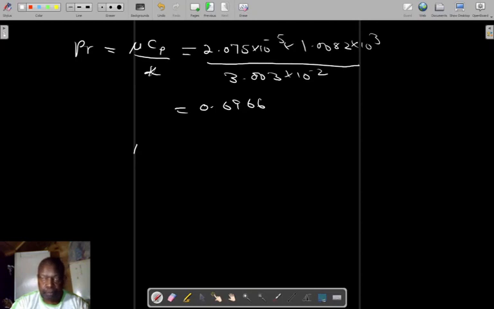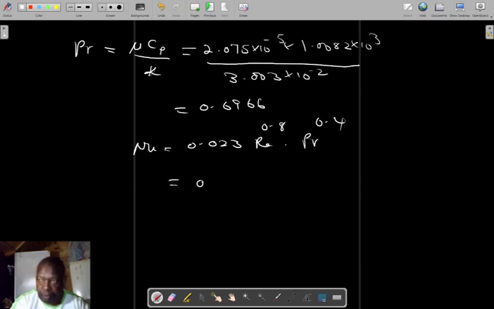We've been told that the Nusselt number equals 0.023 times the Reynolds number to the power of 0.8 times the Prandtl number raised to the power of 0.4.